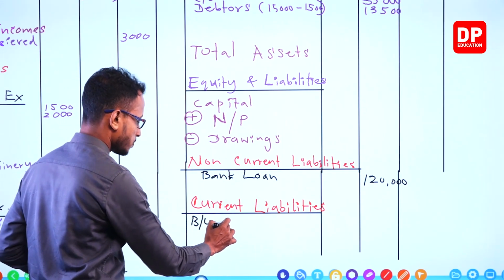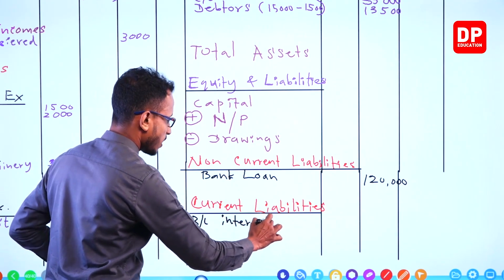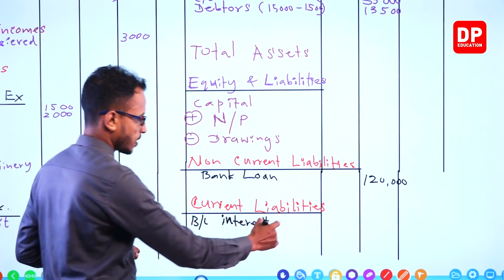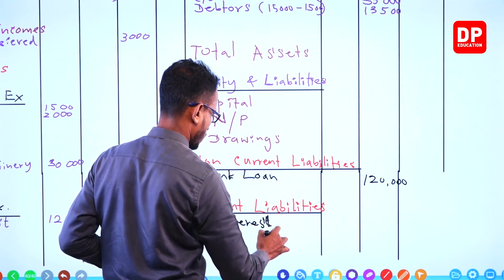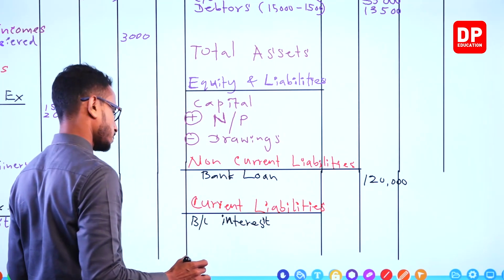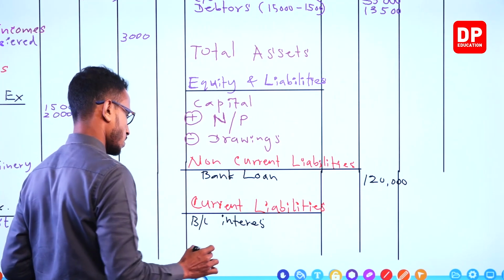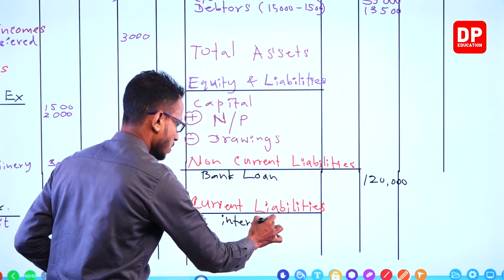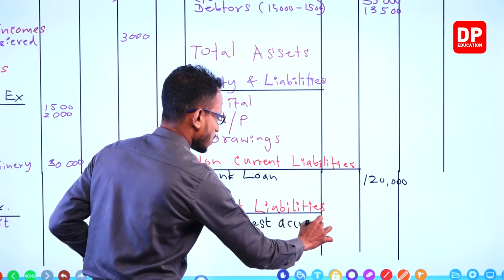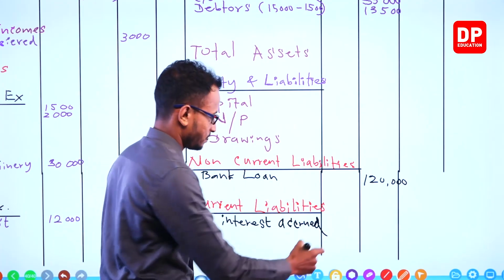Bank loan interest accrued. That is 6,000.